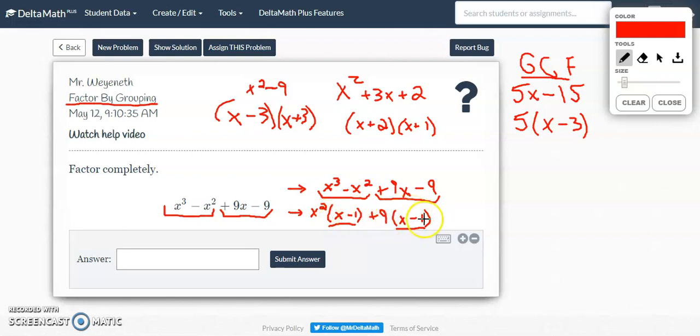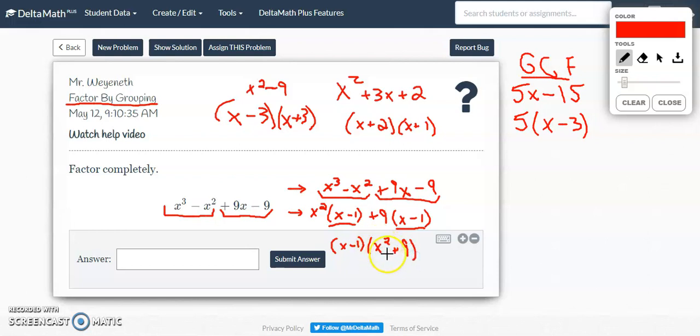And this second term has an x minus 1. So really, it's like what we did up here where we pulled out a 5. I'm going to pull out x minus 1 from each of those terms, and that leaves me with x squared plus 9.